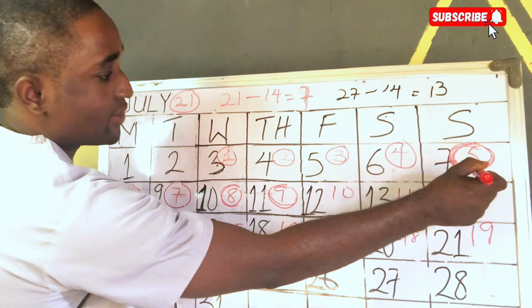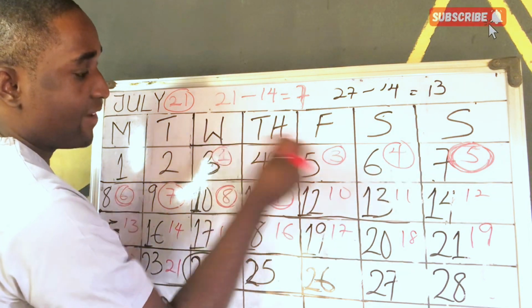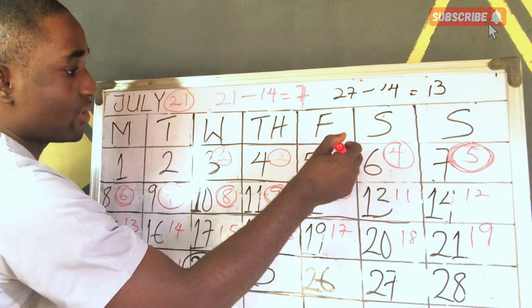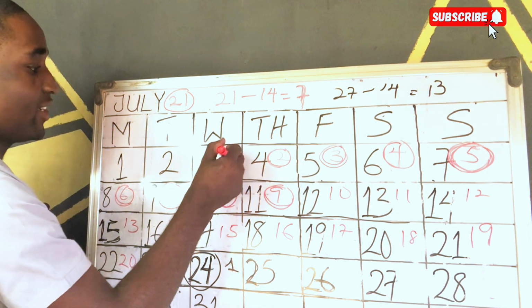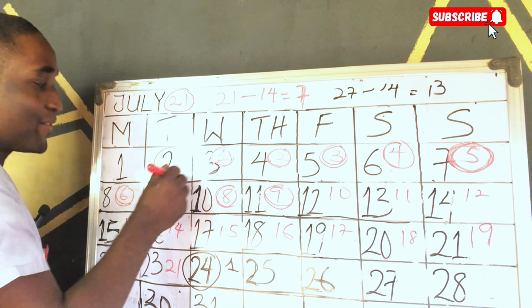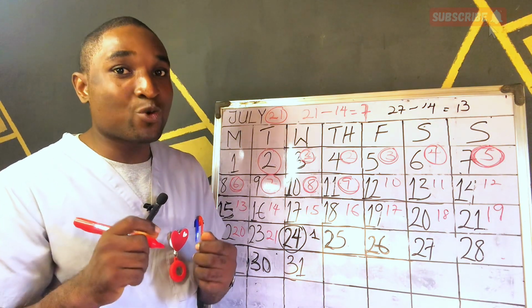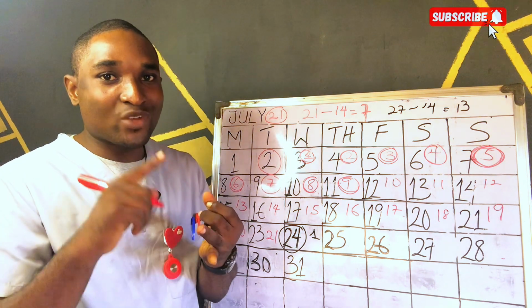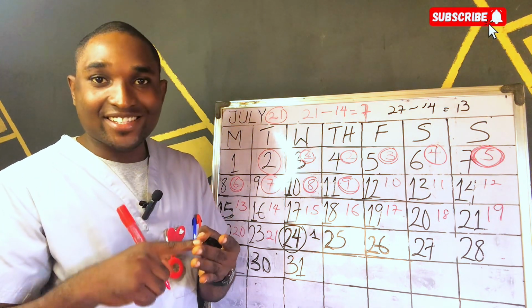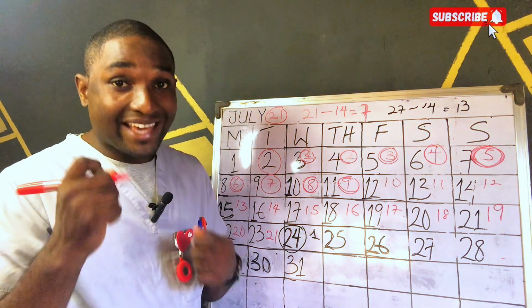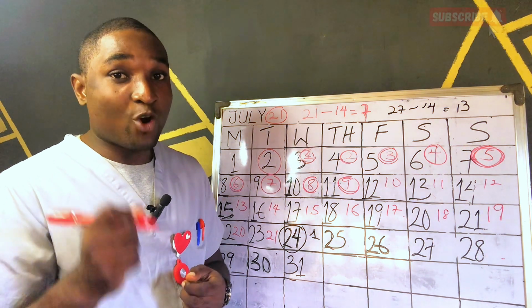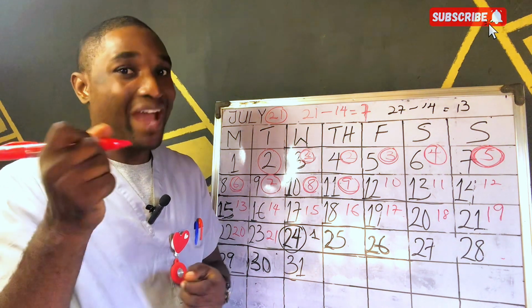This is day 5. So 5 days before day 5 will be 1, 2, 3, 4, 5. So what this means is that women with shorter cycle length, like 21 days, 22 days, 23 days, and even 25 days, can get pregnant even if they have unprotected sexual intercourse while menstruating.